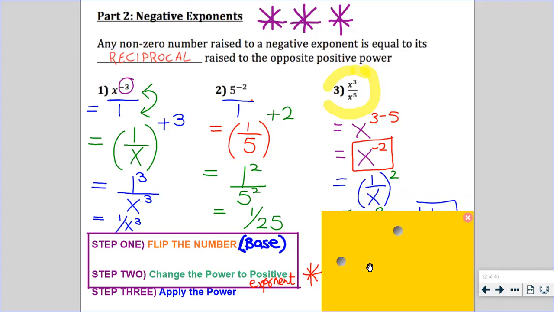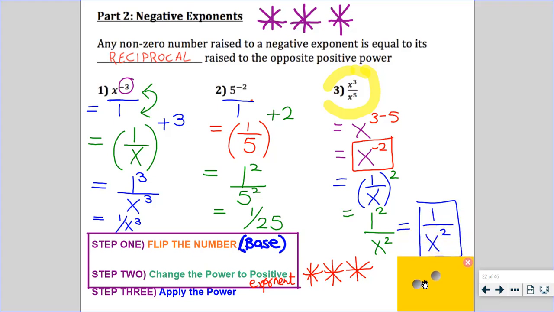Keep in mind the exponent applies to both the numerator and the denominator. So we have 1 to the power of 2 over x to the power of 2. Can anyone tell me what 1 to the power of 2 will give us? Yes. Perfect. So 1 to the power of 2 is 1, and x to the power of 2 will remain x to the power of 2.